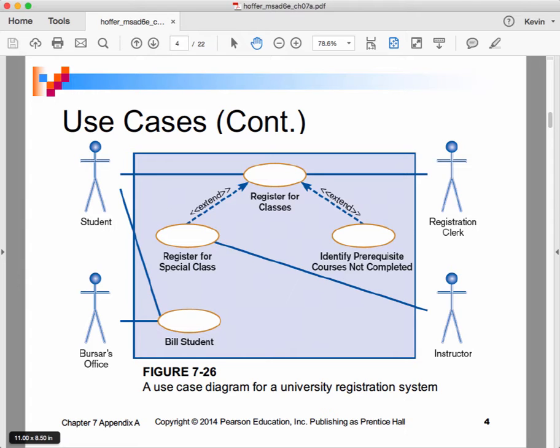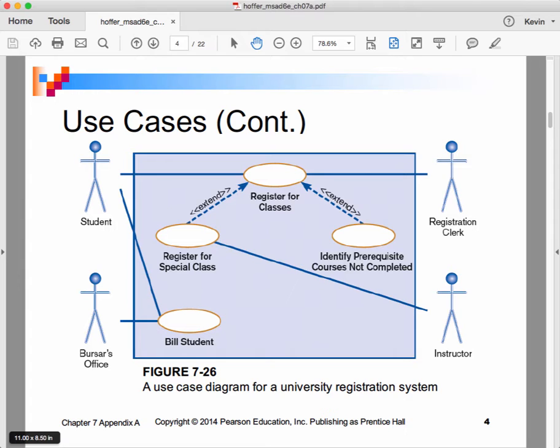We don't want to identify a job title. We want to identify a role. So here, in this use case diagram for a university registration system, we've got 4 roles: student, registration clerk, instructor, and bursar's office.